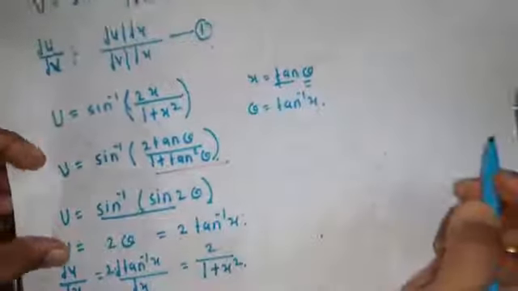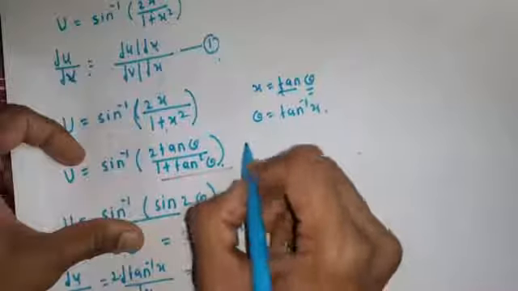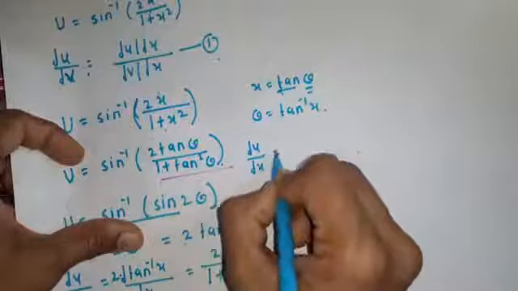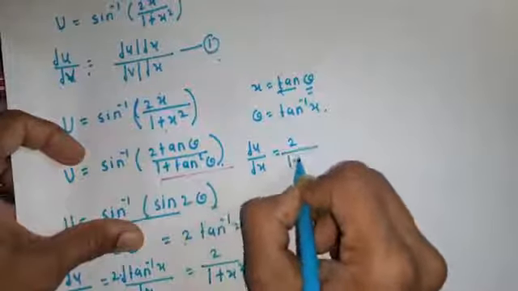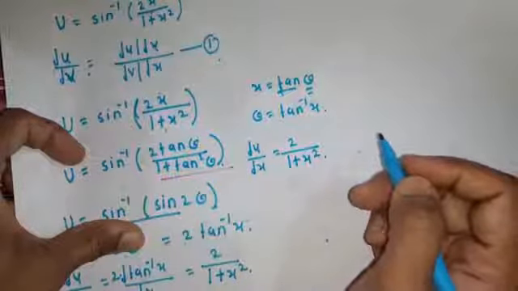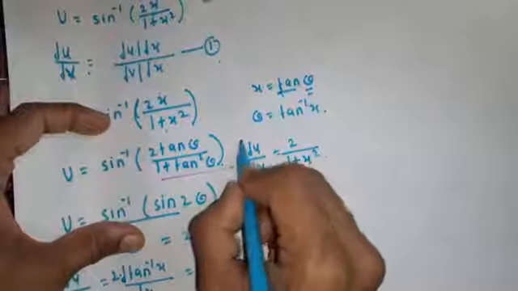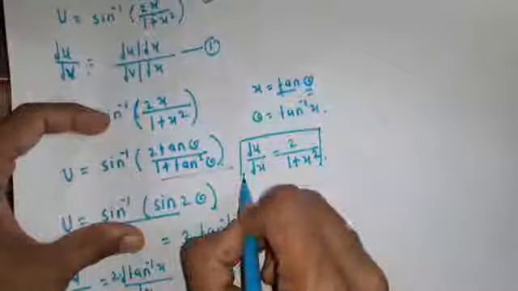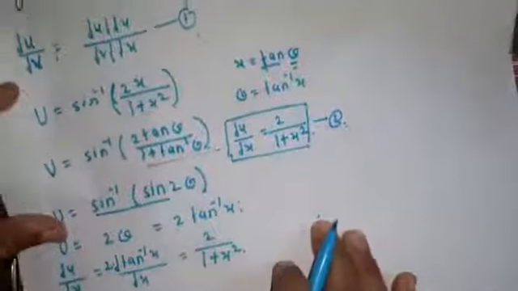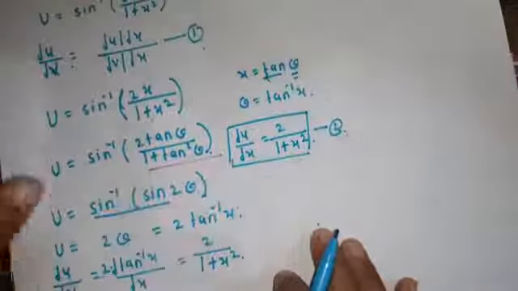Therefore du by dx equal to 2 upon 1 plus x square. This is 2, this is du by dx.